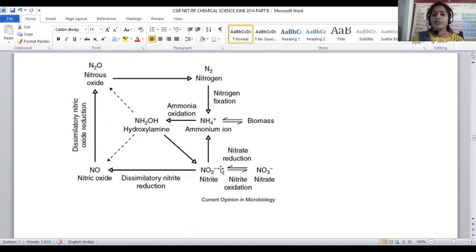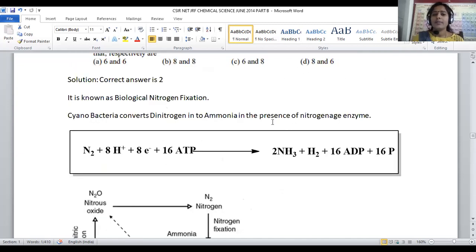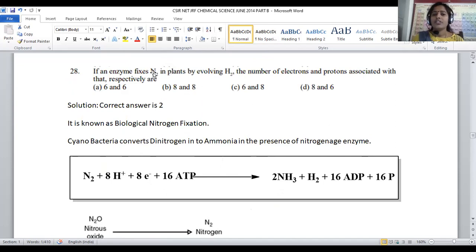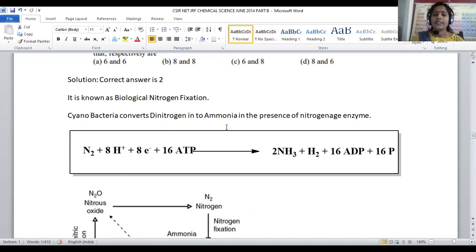So for that purpose there is a nitrogen cycle. Many biological processes are carried out in order to convert atmospheric nitrogen into nitrate form, right? So here what they are asking is, during this conversion from nitrogen by evolving hydrogen, how many electrons and protons reacted?